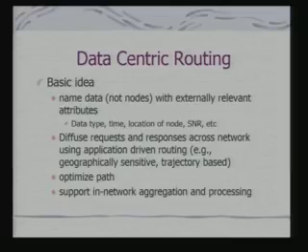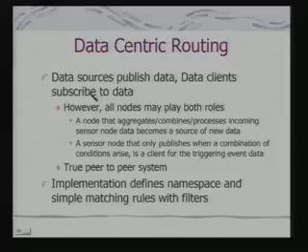So, that aggregation takes place in the network itself, and when the data is being sent or broadcasted, it is not really being sent to an address, but being broadcasted with a tag describing the data. So, the other nodes which are listening to it can process that data depending on the request that is being diffused. So, we say that the data sources publish data and data clients subscribe to data, and all nodes may play both the roles.